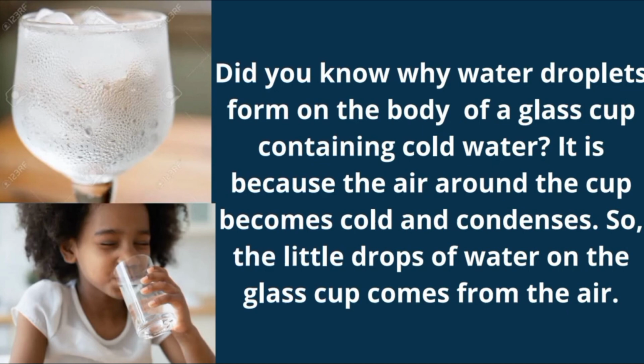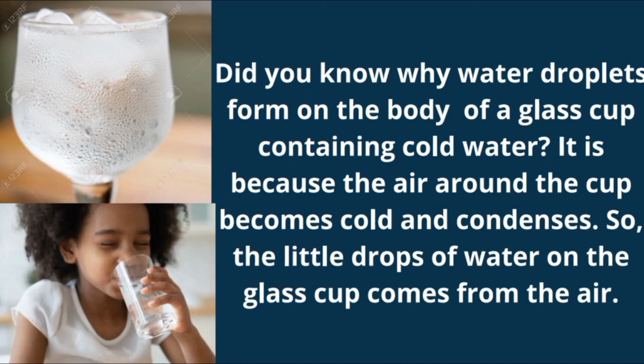So, do you know why water drops form on the body of a glass cup of water? For example, you get a glass of cold water. You notice that you see droplets of water on the surface of the glass cup. Do you know why? This is because the air around the cup becomes cold and condenses. So the little drops of water on the glass cup come from the air.